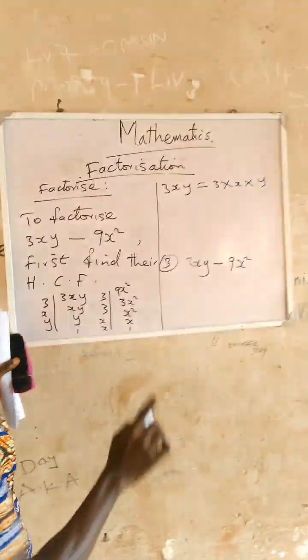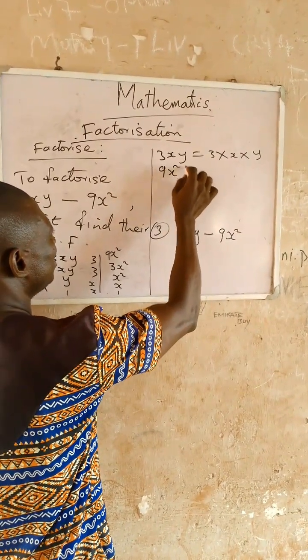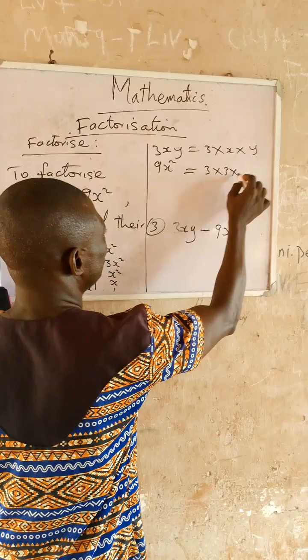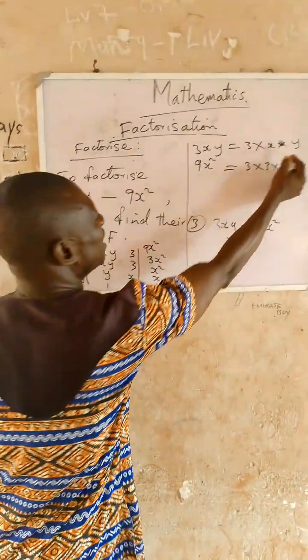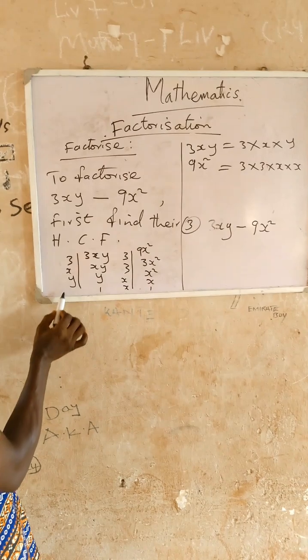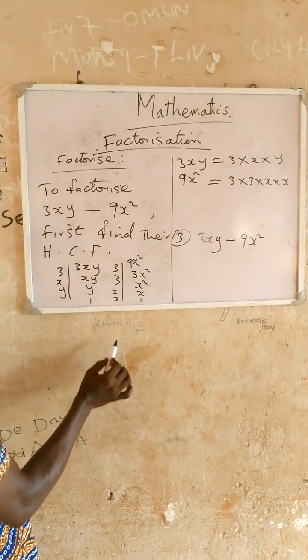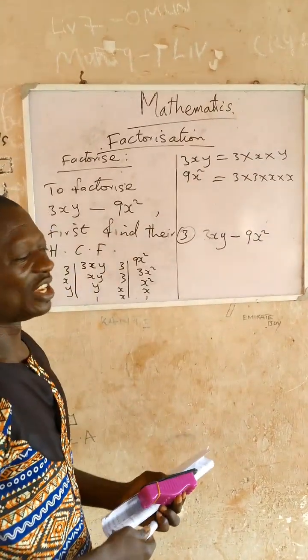We're still finding HCF. Then 9x squared is equal to 3 times x times x. Where are we getting this? We're getting it from the division. And so, what we have here will give us the HCF.